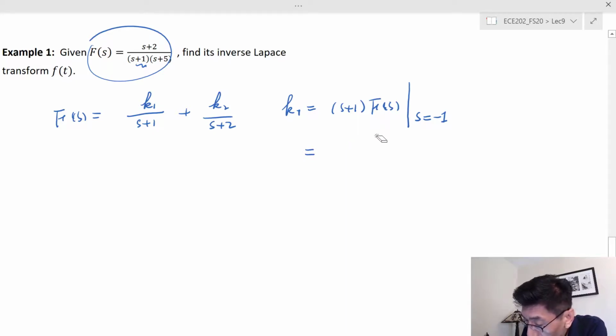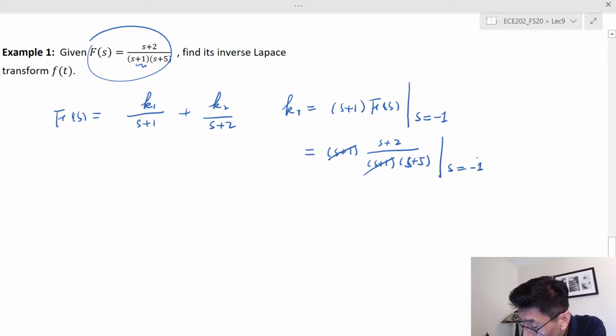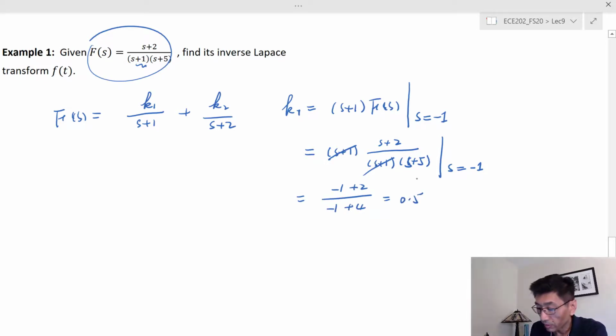Maybe I should write this so that I don't confuse you. I have S plus 2 over S plus 1 and S plus 5, and we cancel this one, and now we evaluate this at S equal to minus 1, so I have minus 1 plus 2 divided by minus 1 plus 5. Right, I got 0.25 for K1. And for K2, we do a similar thing.